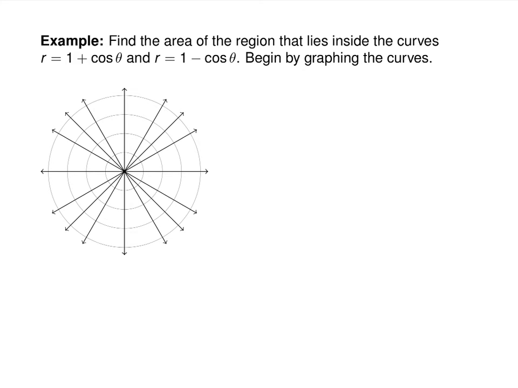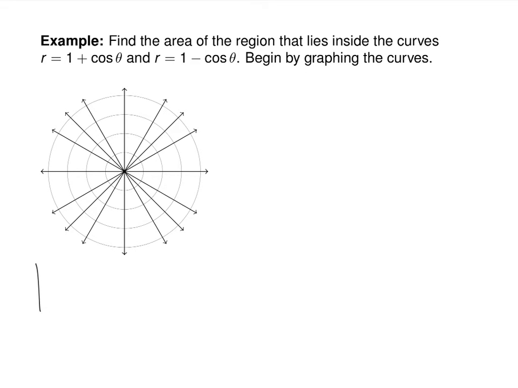Now it's also possible that you don't have to use the whole outside-inside curve, and you can use some symmetry to make your life easier, and this will be an example of that. So we have the curves 1 plus cosine of theta and 1 minus cosine of theta.